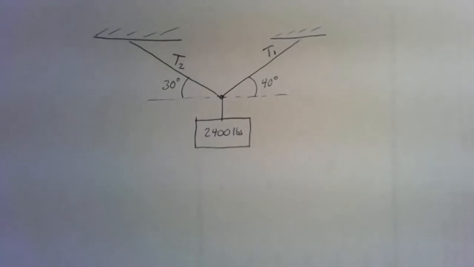Now, at first, it might not look all that different than the problems that we've solved so far. And in a certain sense, it really isn't. It's still a coplanar system. It's still a concurrent system. It has two unknowns. Instead of unknowns being the magnitude and direction, now the unknowns are two magnitudes.